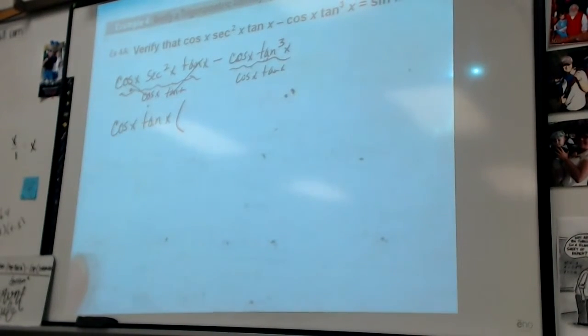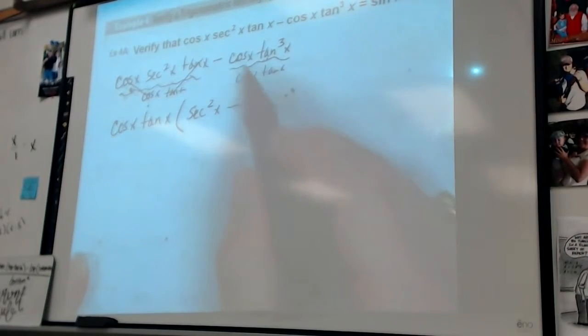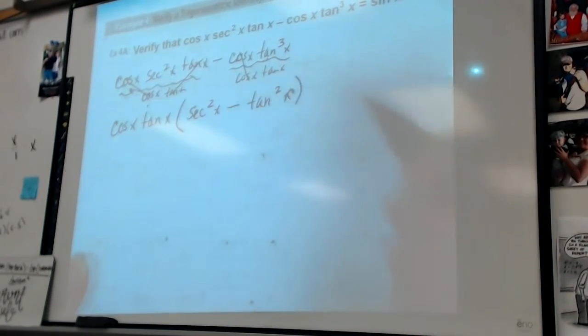So what do I have left on the left side? 2 tangents. No, on the left side. Oh, secant x. Secant squared x. All right, and then what do I have over here on this one? 2 tangents. Right, one of the tangents would cancel out, so I have tangent squared x.